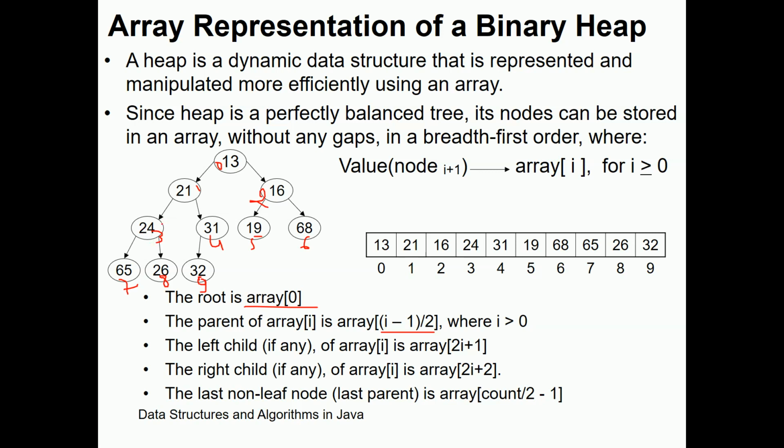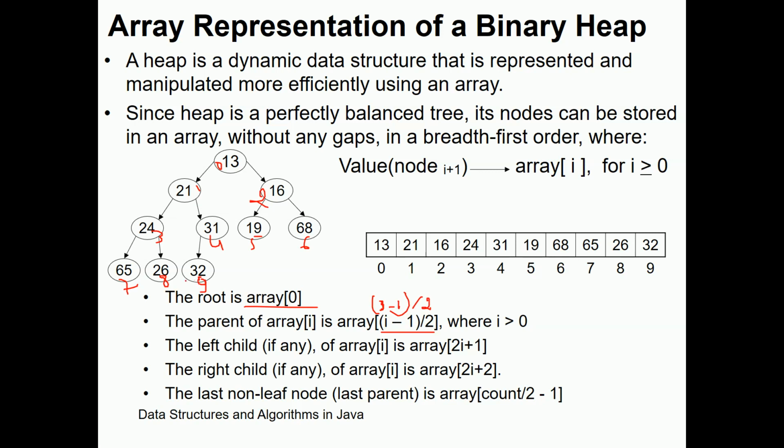If I'd like to find its parent, I need to just take 1 from its index and divide by 2. The index of 24 is 3. 3 minus 1, that's 2. 2 divided by 2, so that's 1. So this is going to give me the index of this one.